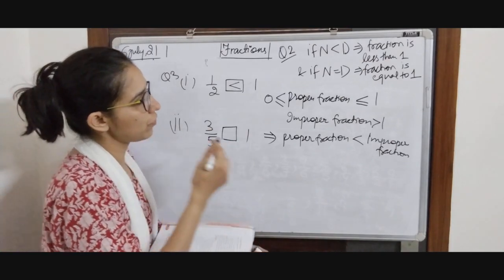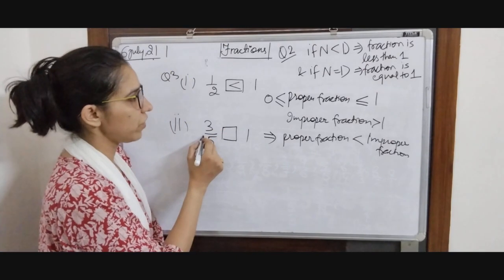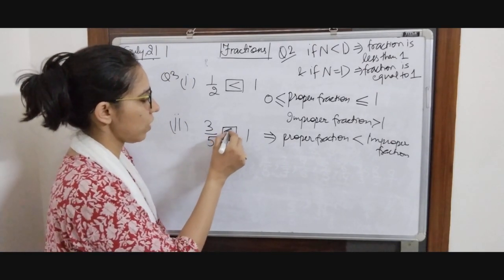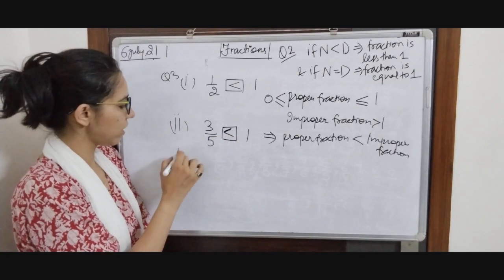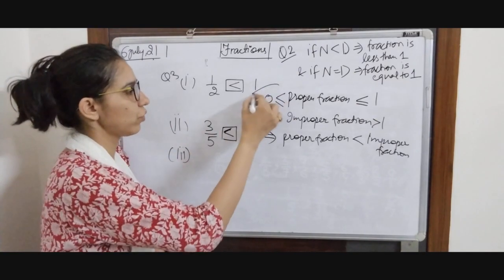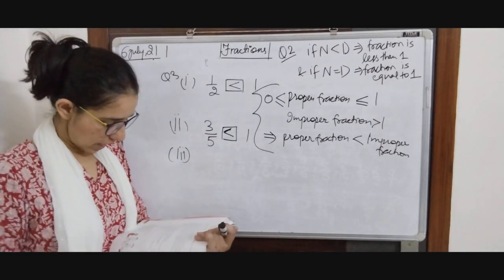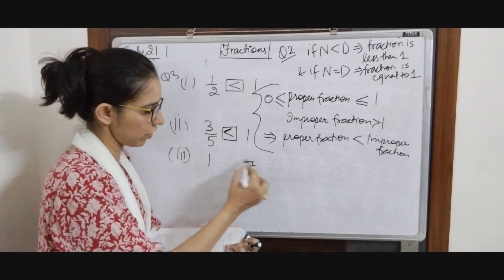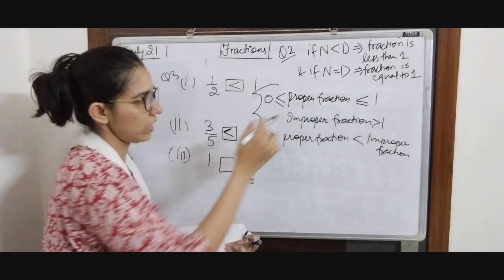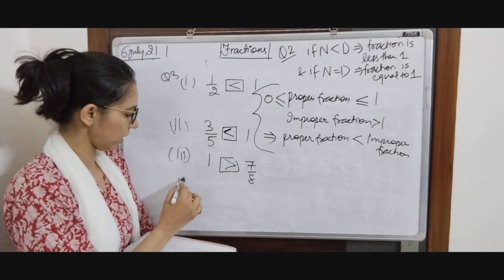Your improper fraction is greater than 1, and your proper fraction is less than 1. Okay, it is not equal to 1, it is less than 1. Then third one, and then we have 1 and 7 by 8. This is our proper fraction, and proper fraction is less than 1. So this is going to be the sign.